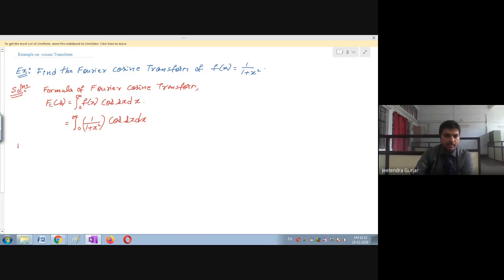So I can say that we cannot evaluate the integral directly. Is it clear?